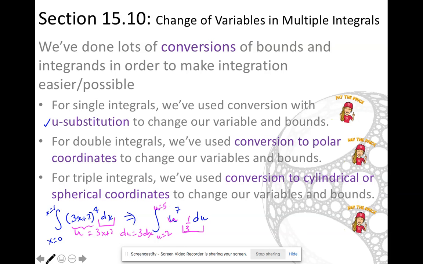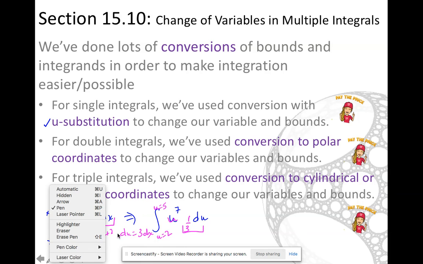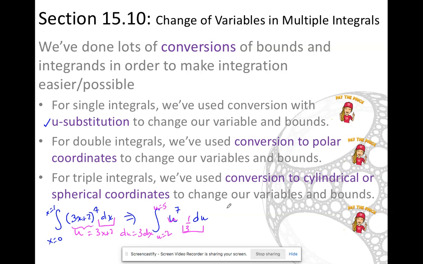And we did the same thing with polars, right? If we're trying to integrate a function in x, y over dx dy or dy dx, it didn't really matter, and I wanted to transform because the integrand and the bounds were messier, I wanted to integrate this in terms of polars, where x is equal to r cosine theta, y is equal to r sine theta.